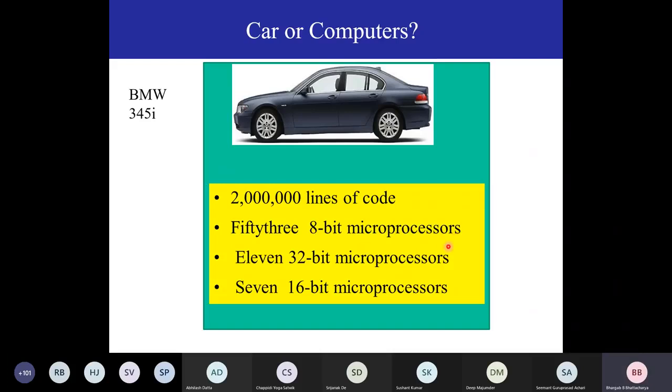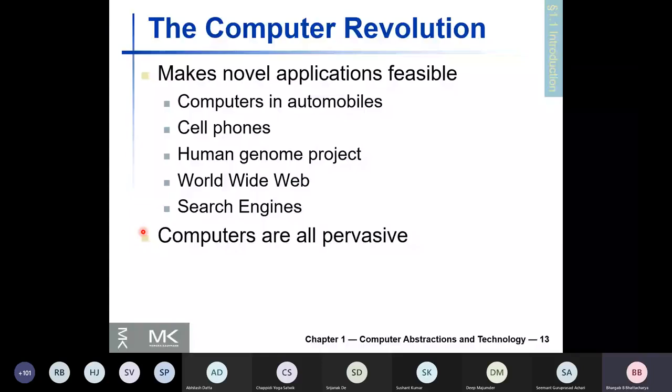Microprocessors are basically CPUs, central processing units, and each microprocessor is nothing but a microcomputer. So there are 53 microcomputers inside. There are 11 32-bit microprocessors and 7 16-bit microprocessors. This is just an example of the all-pervasiveness of computers nowadays, which is penetrating every aspect of our society.